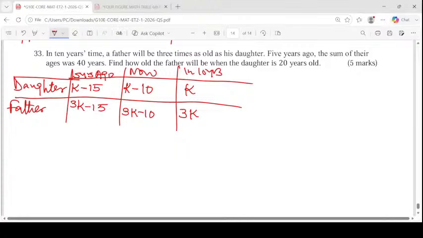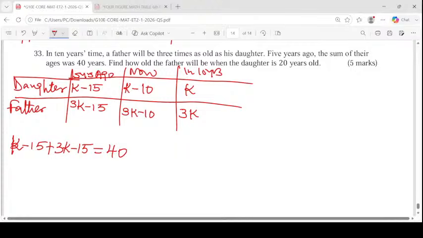5 years ago, the sum of their ages was 40. Meaning when I take the daughter's age 5 years ago, that is k minus 15, plus the father, 3k minus 15, the sum is 40.